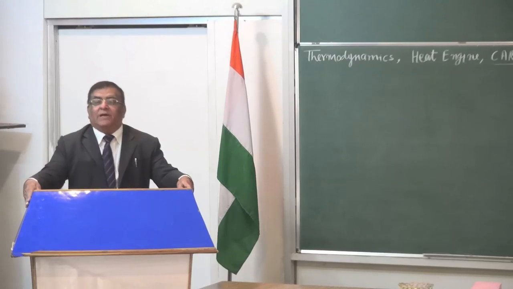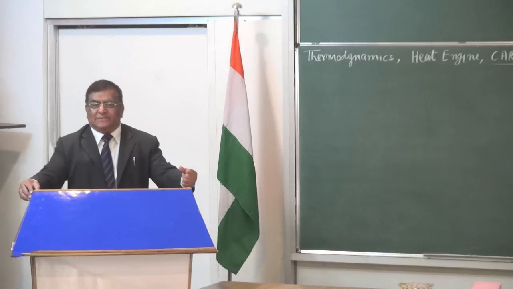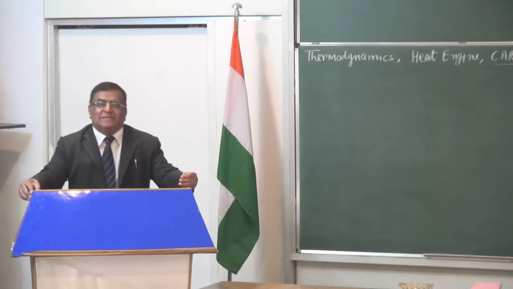Okay, so in the Carnot cycle, our elements are one which gives the heat, the reservoir, and one which absorbs the heat, that is the sink, and there is one working substance, the ideal gas. To get the work done by the ideal gas, we have to use a device, and that device is a cylinder and a piston.